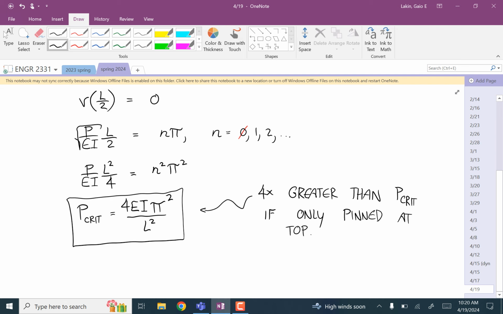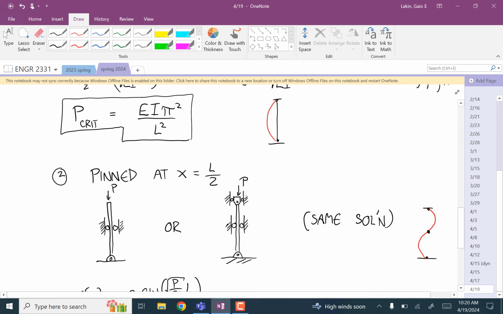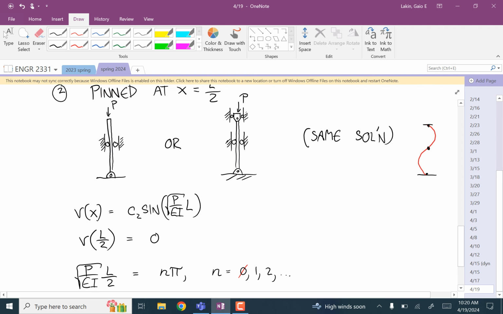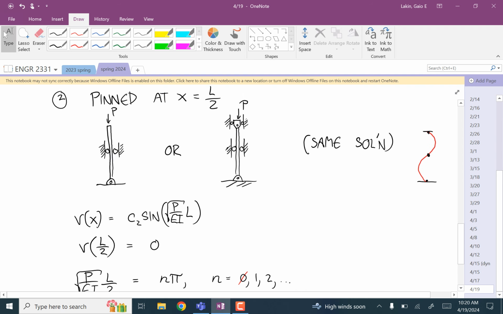Yes? I know I missed a class, but could you just define what P critical is? Oh, yeah, so P critical is just that compressive load from the top, the biggest load that you can have without worrying about buckling occurring at all.